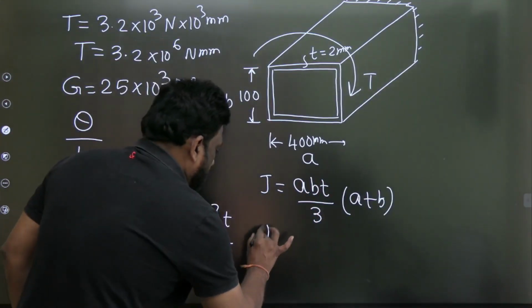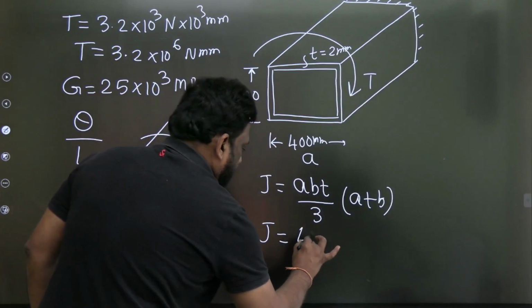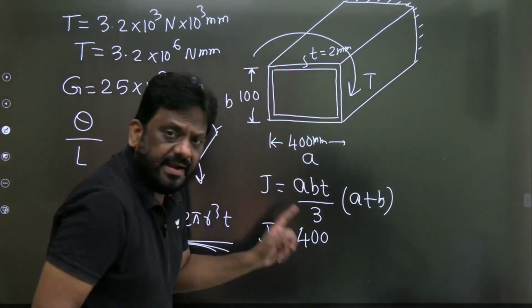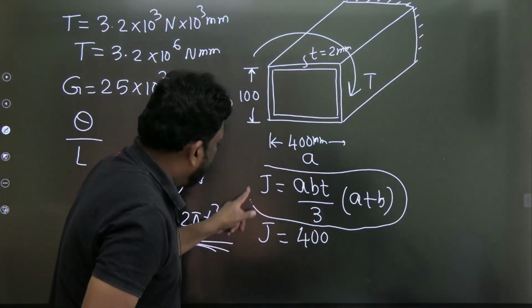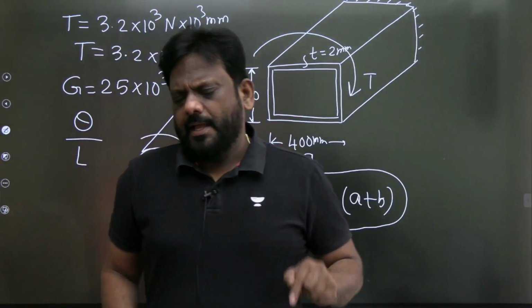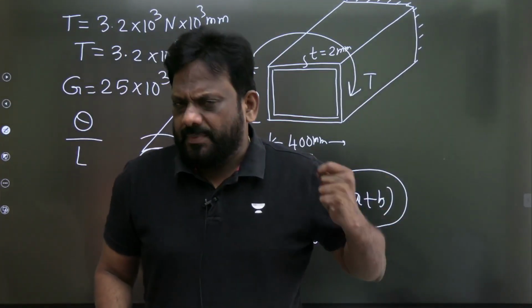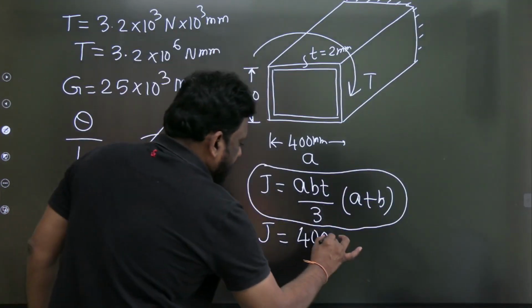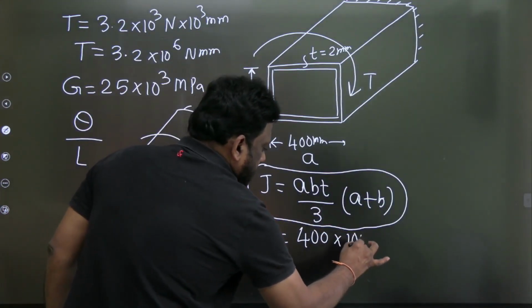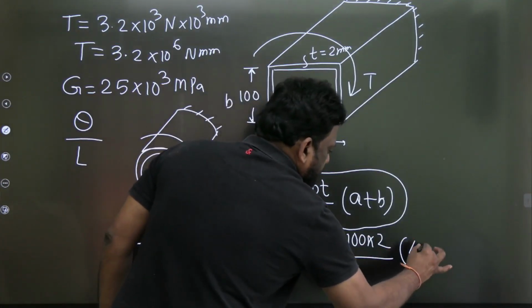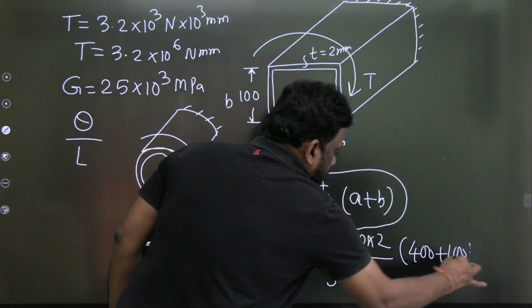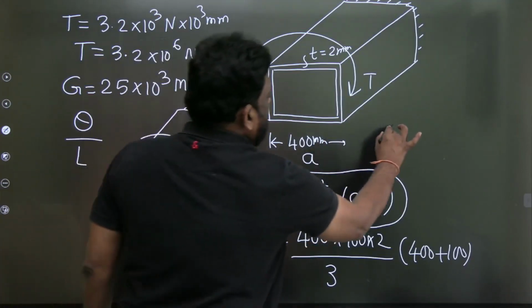Let me substitute. A is 400, B is 100, thickness is 2. Please remember this equation, ABT by 3 into A plus B. If you want, I can derive it, but right now there is no need. So you will get the polar moment of inertia of this.